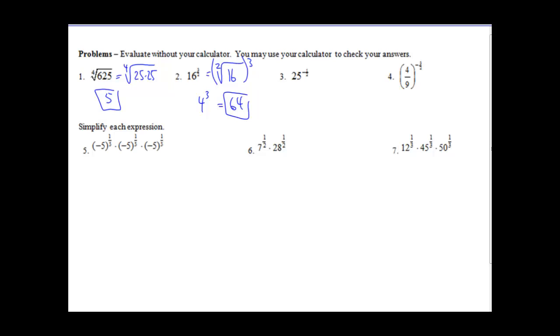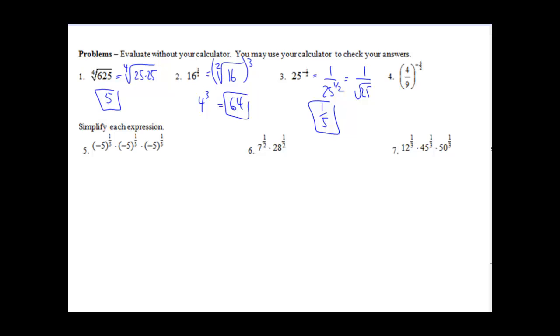Remember, the negative is reciprocal, so we're going to write this as 1 over 25 to the 1/2. If you remember from the very top, 1/2 is really the square root. So we're going to take 1 over the square root of 25, which is 1/5.